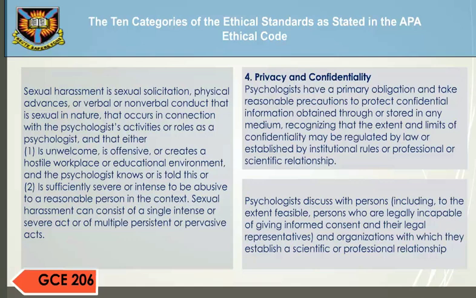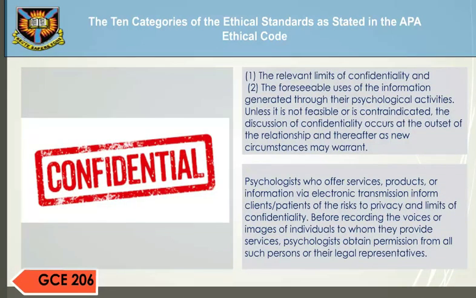Psychologists discuss with persons, including, to the extent feasible, persons who are legally incapable of giving informed consent and their legal representatives, and organizations with which they establish a scientific or professional relationship: 1. The relevant limits of confidentiality, and 2.